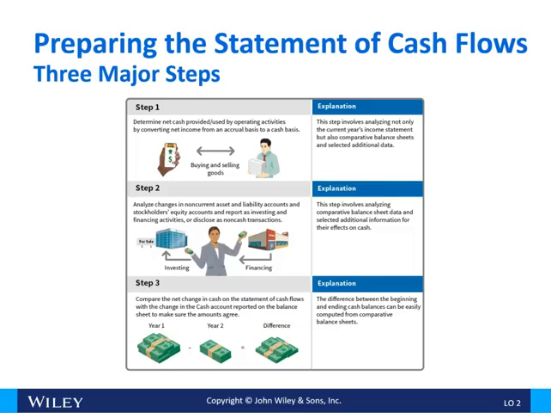Then we're looking at the long-term liabilities, notes payable, bonds payable, that type of thing. And then the stockholders' equity section, common stock, paid in capital, and dividends from the statement of retained earnings that go into retained earnings.